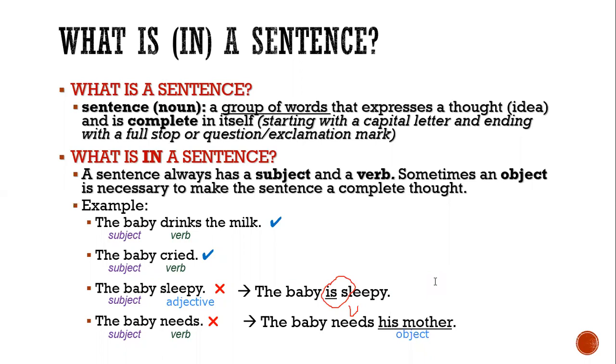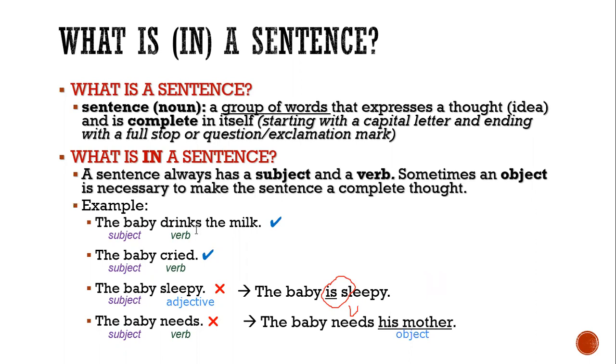Okay, so sometimes the sentence can have an object such as the milk or his mother, but sometimes it doesn't have an object such as the baby cries.